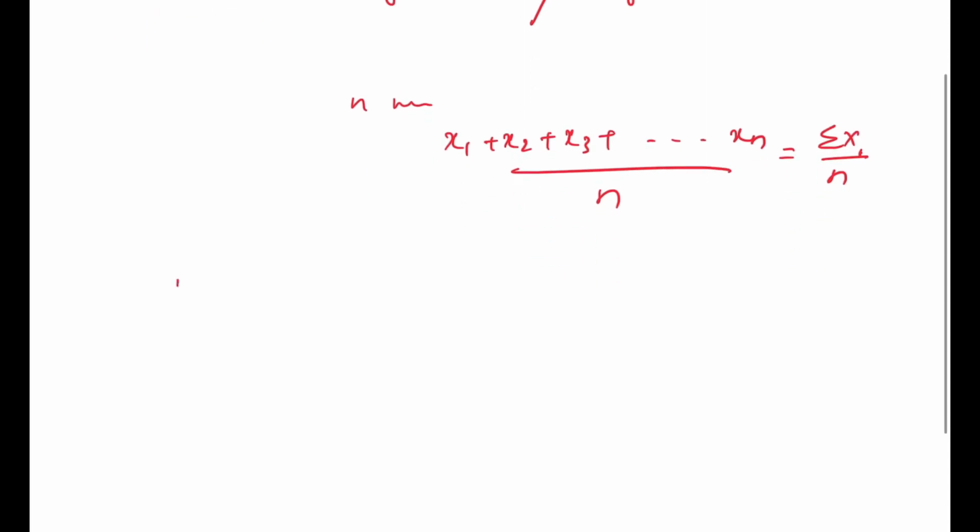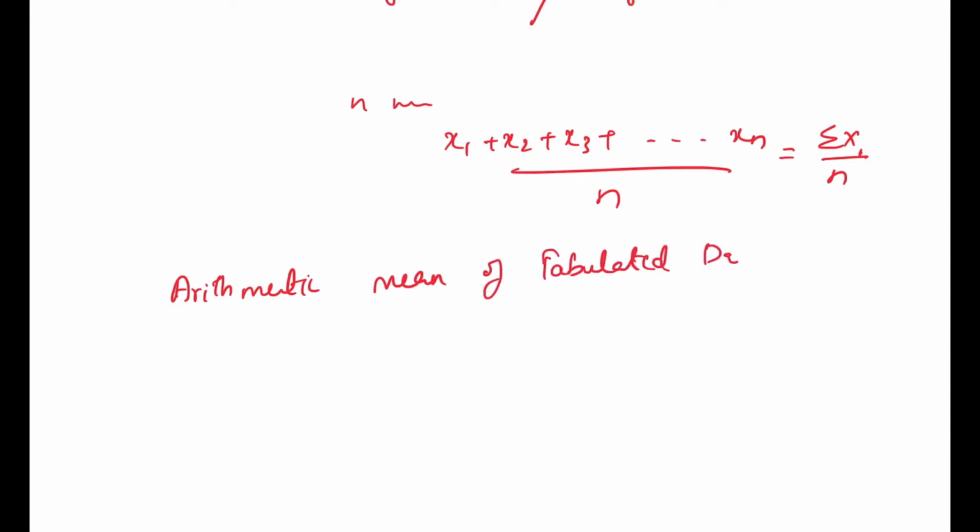Now coming to the arithmetic mean of tabulated data. For a given discrete frequency distribution, arithmetic mean can be obtained by using any one of the following three methods. First one is the direct method. Second one is the shortcut method.